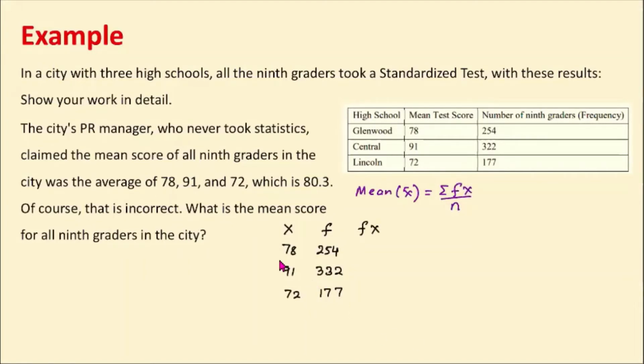Now, to find the mean, we need f times x. So we multiply this. 78 times 254 is 19,812. 91 times 332 is 30,212. And then 72 times 177 is 12,744. Okay, let's also find the total quickly.